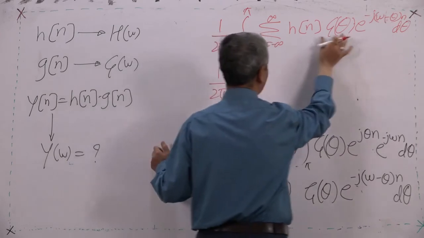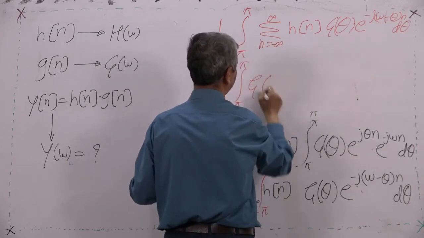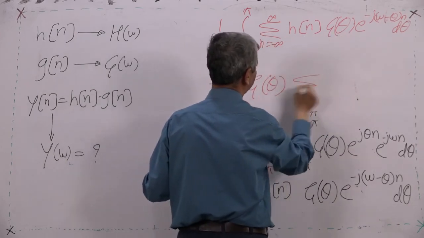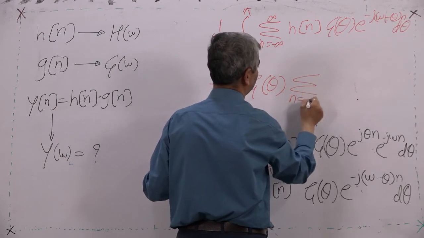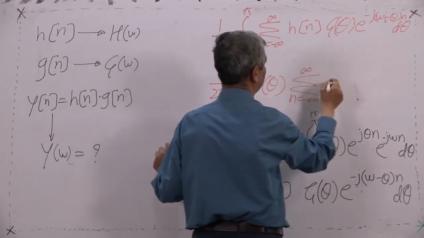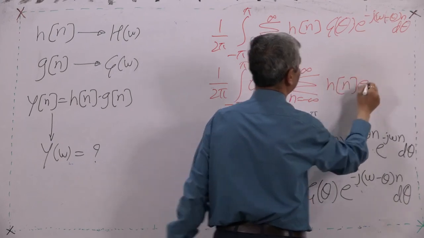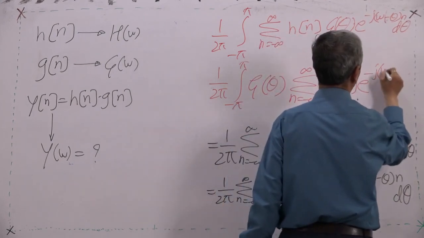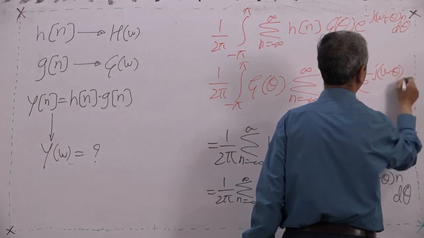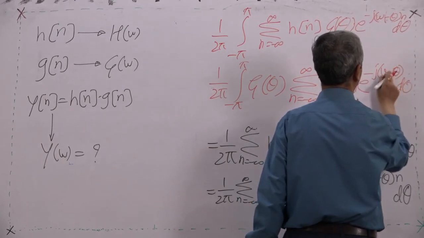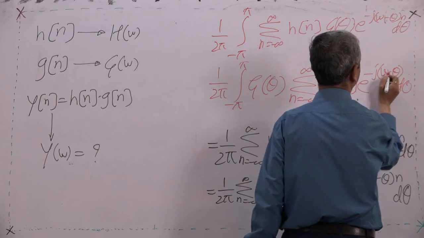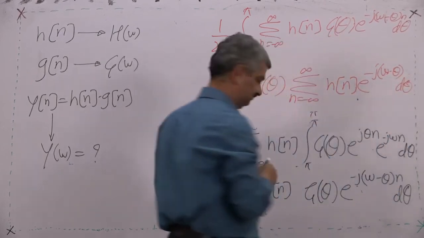Just 1 upon 2 pi is all right, minus pi to pi is all right. This g theta has nothing to do with n, so g theta comes out, and what remains is n equal to minus infinity to infinity h n e raised to minus j omega minus theta d theta.